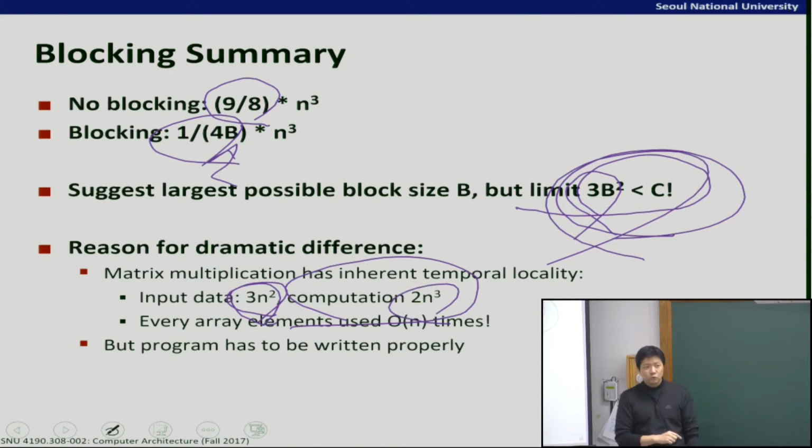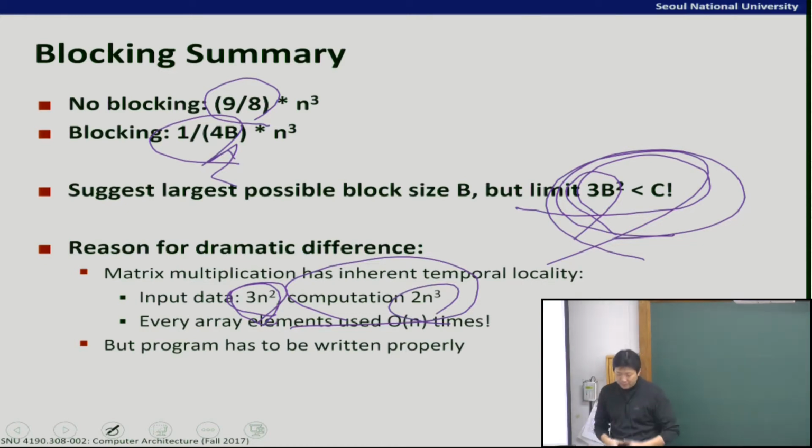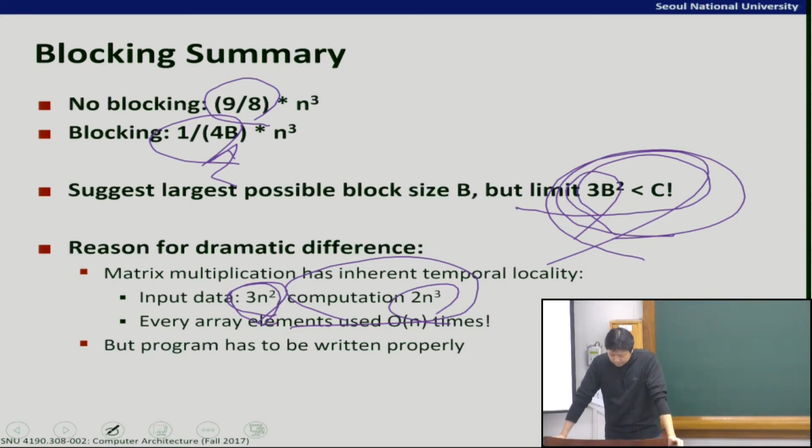If you make good use of this temporal locality, one array element will be used n times, hopefully while it is in the cache. That's the best thing we can achieve, but the program has to be written and transformed properly to exploit this opportunity.